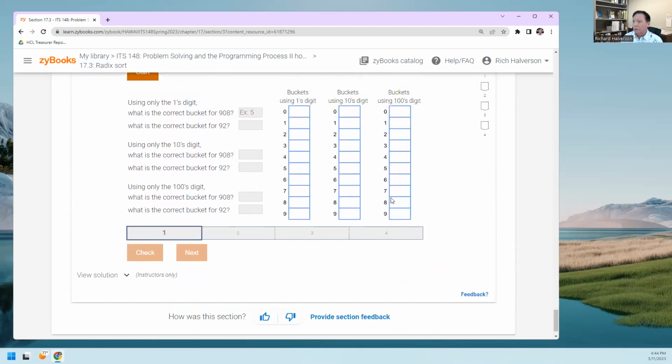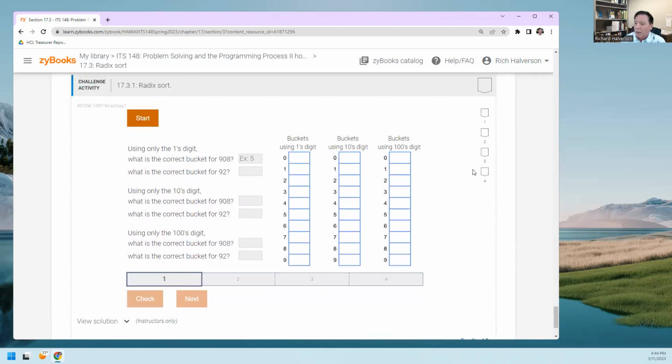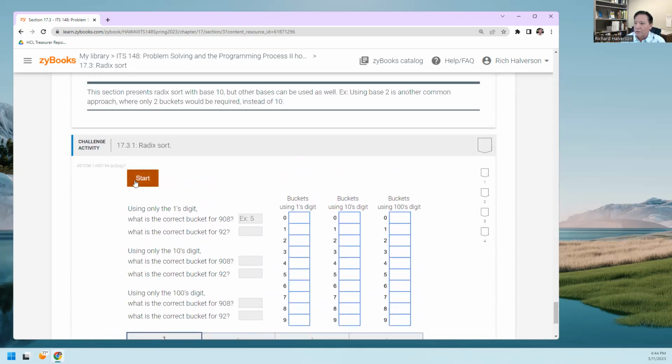Okay, so let's do the challenges real quick here. Using only the ones digit, that's the lowest order digit, what is the correct bucket for this one? Well, it's the lowest order digit, so it's 8. What is the correct bucket for this one? It's 2.